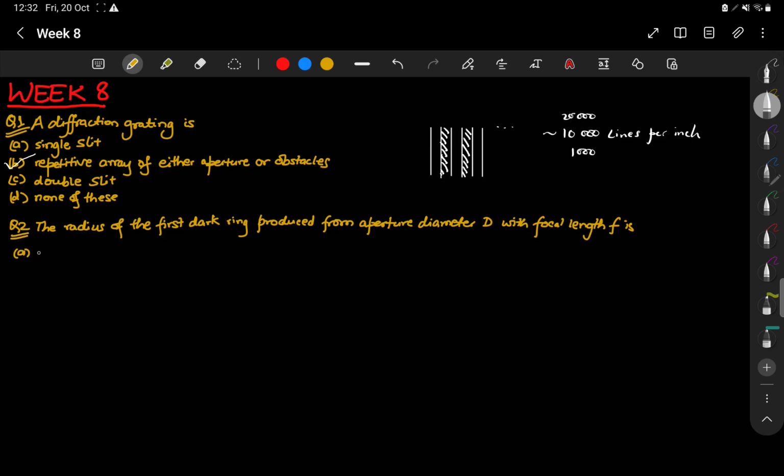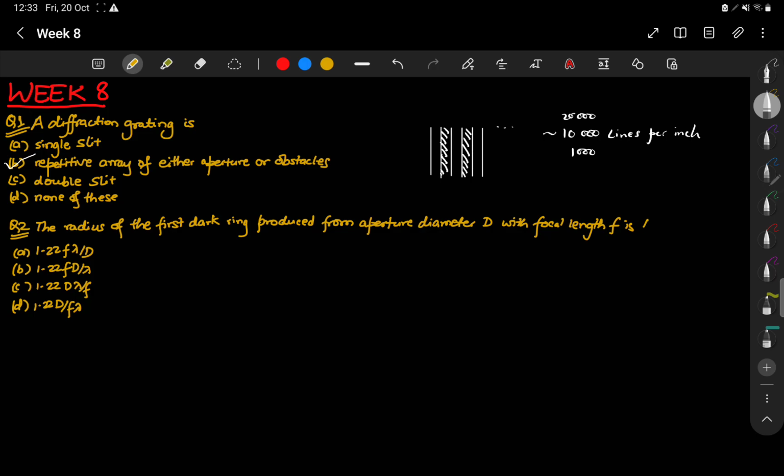A, 1.22 f lambda by d. B, 1.22 f d by lambda. C, 1.22 d lambda over f. And D, 1.22 d over f lambda.